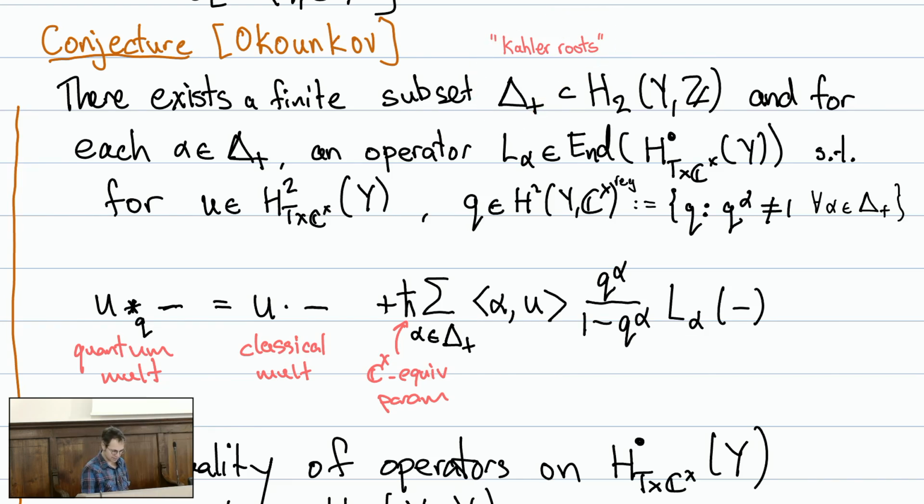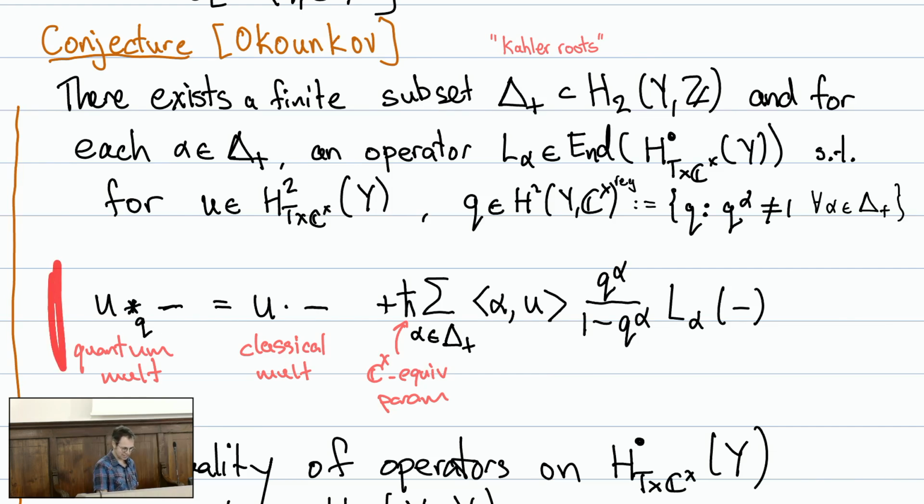It's a subset of H2, so a subset of curve classes. And for each one of these Kähler roots, there's a certain operator on the cohomology. Remember, we're always working in equivariant cohomology, so it's an operator acting on the cohomology, such that, let me just jump to the punchline, then we'll back up one second.